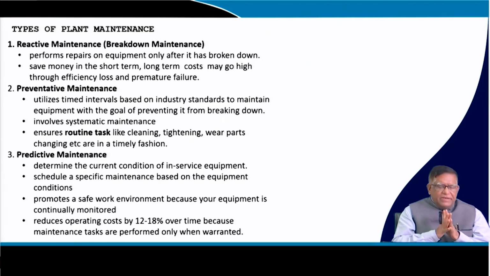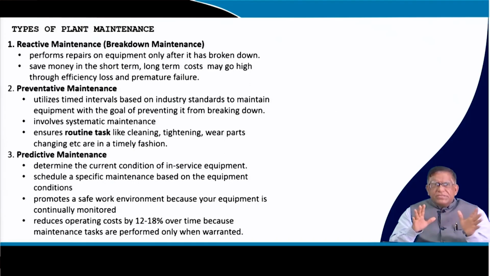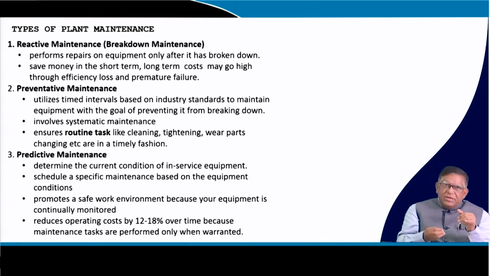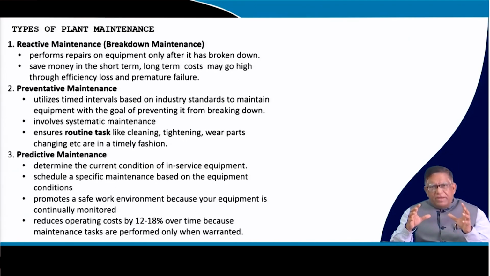In preventive maintenance, they do systematic maintenance, and how do they do it? They do a routine task. There will be a checklist. That is why preventive maintenance is sometimes called checklist maintenance also. So if you have a conveyor belt drive, you need to check every day if any motor is getting heated, or if any abnormal sound is coming, whether additional vibration is coming, whether the tension of the belt is okay, whether the belt is slipping.